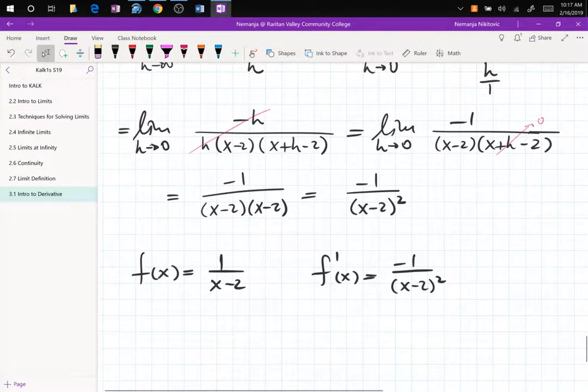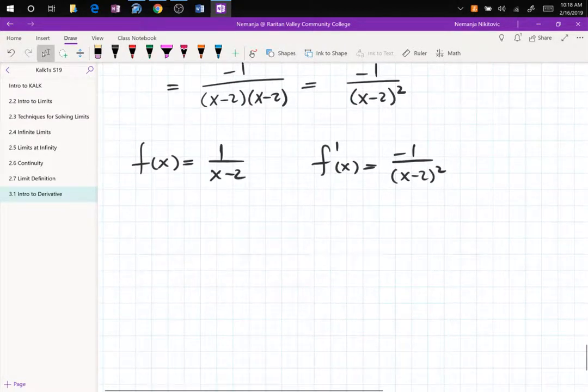Now, if you want to find any slope, give me the x, and I will give you the slope of the tangent line. Now you see that the x that you are providing cannot be 2, because that will create 0 in the denominator, but anything other than 2 would give you a value for the slope of the tangent line.